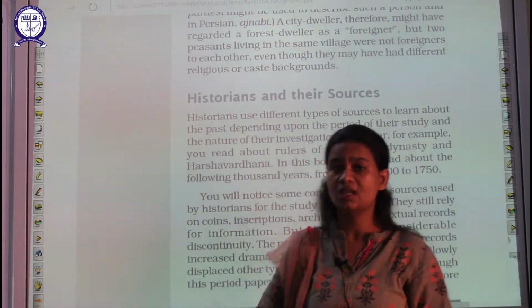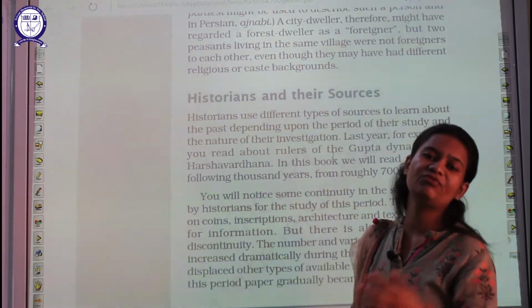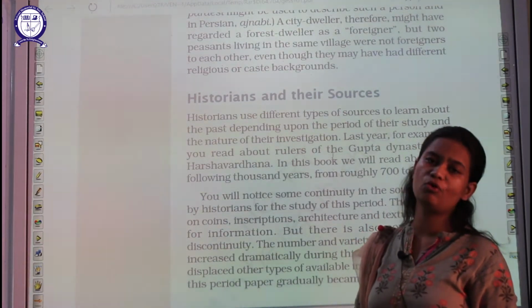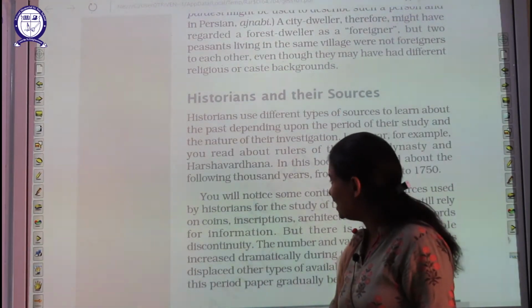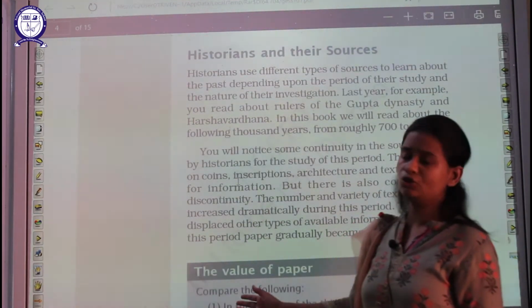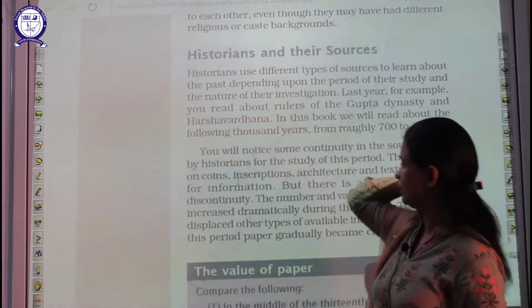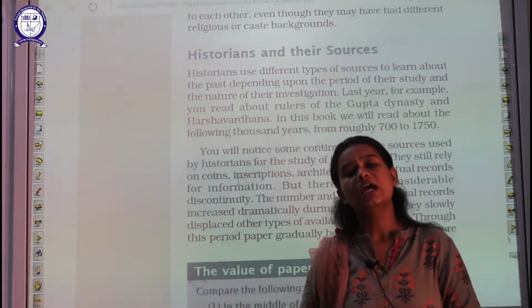Now the question is, what are these various sources found by our historians in the form of evidences? These sources can be in different forms. Historians found sources like coins, which you already know. Inscriptions. What are inscriptions?